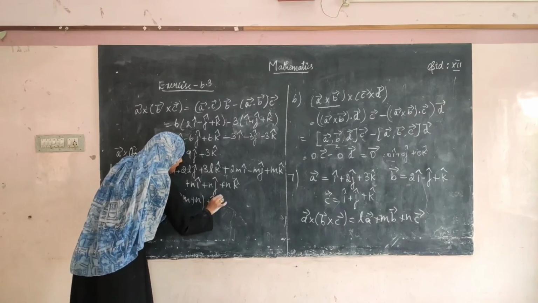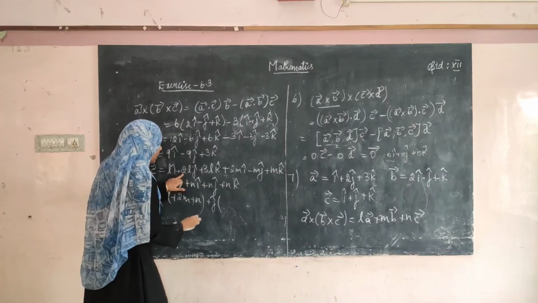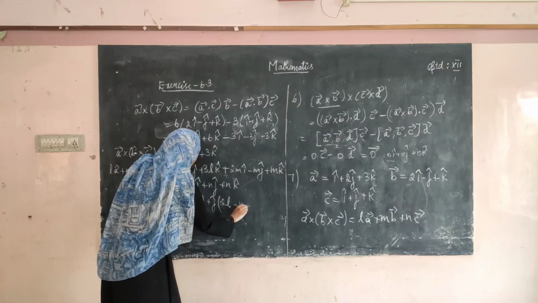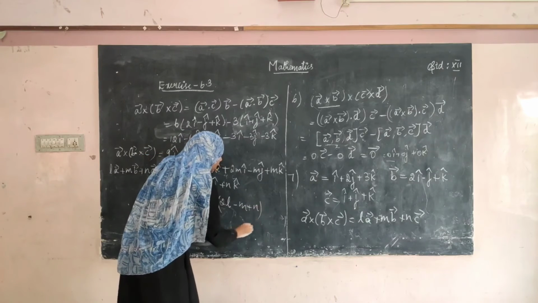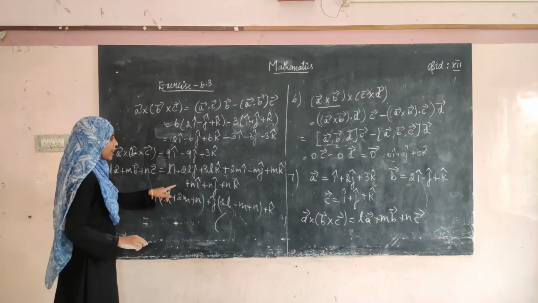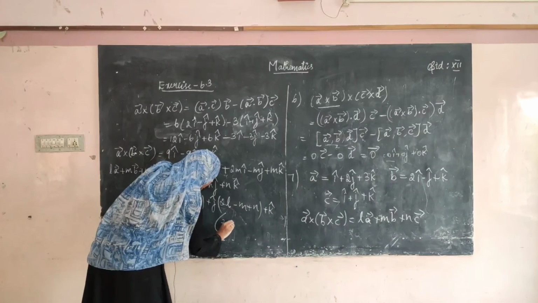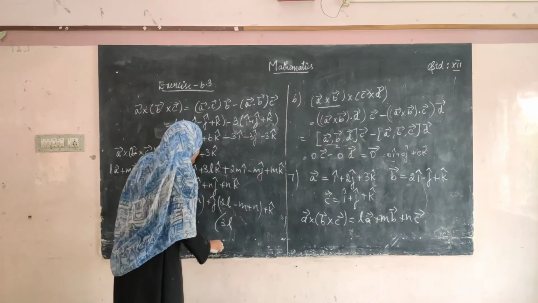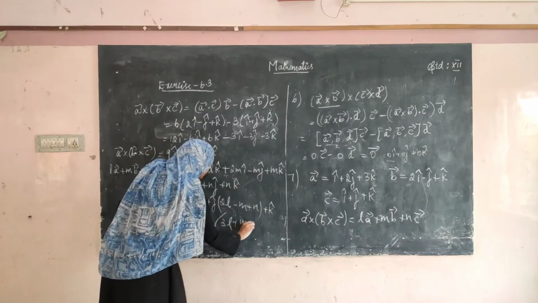Plus j cap, take j cap outside: 2l minus m plus n. Plus k cap, now take the k cap terms outside: 3l plus m plus n.